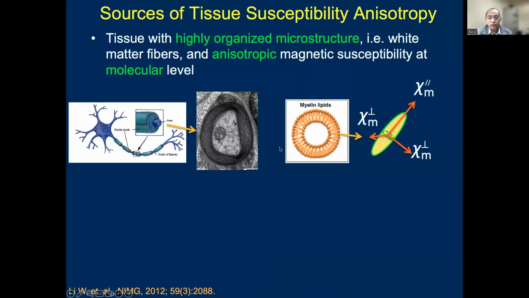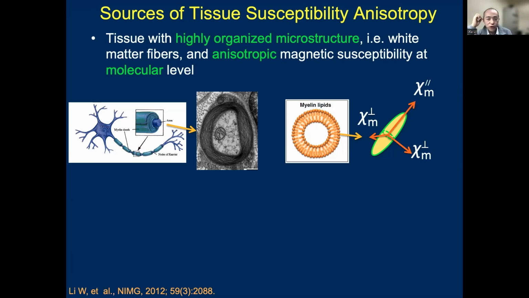And in terms of its molecular mechanisms, we have briefly discussed that the susceptibility anisotropy in the white matter comes from the highly organized microstructure. And these microstructures are also composed of molecules with susceptibility anisotropy, such as the myelin lipid.